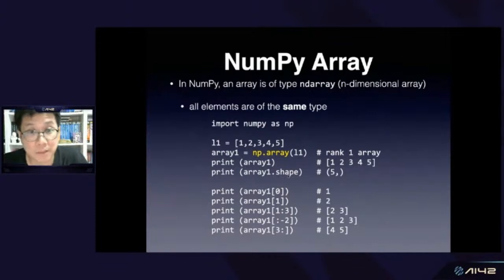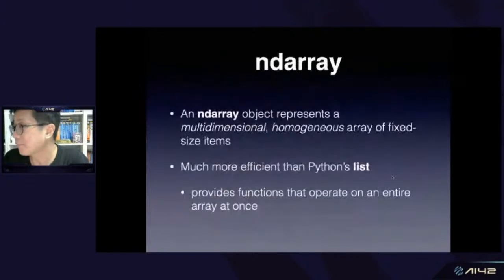Numpy arrays can be single dimensional, multi-dimensional, 2D, 3D, 4D, as many dimensional as you need. And the nice thing about this is that it works just like a list. You can access each individual element using its indices, or you can perform slicing on a Numpy array. So the conclusion is an ndarray is much more efficient than Python's list, and it also provides functions that operate on an entire array at once.